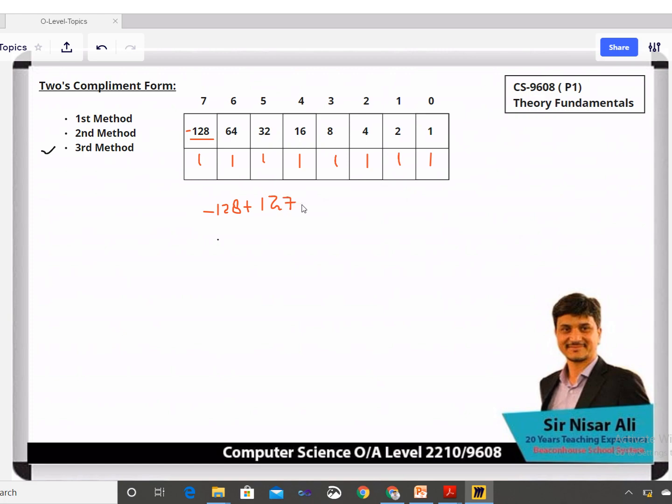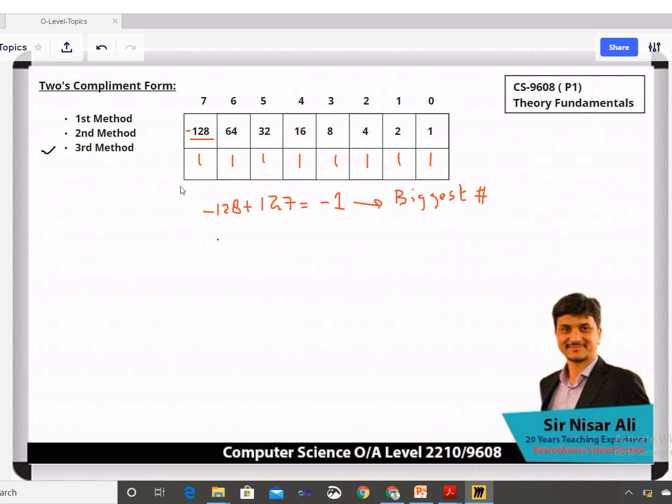So the result is -1. This is the biggest negative number. So we reach the biggest negative number if we do this.